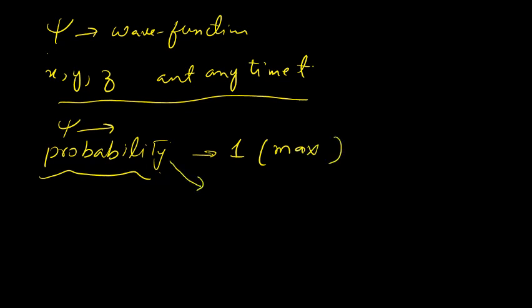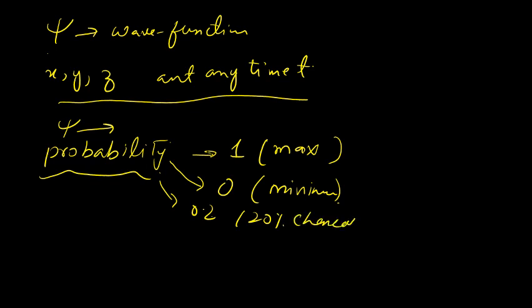If there is no chance of finding the particle, the probability is 0, the minimum. An intermediate probability of 0.2 means there is a 20% chance of the particle being there.